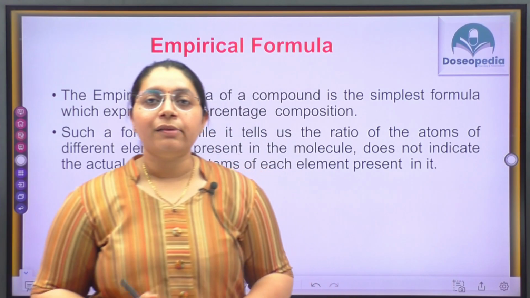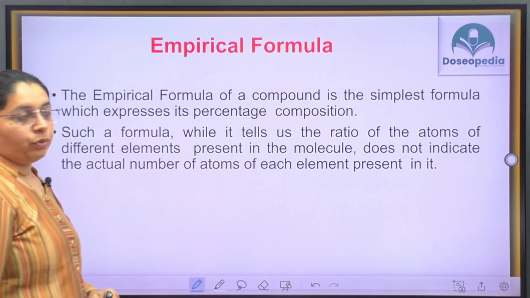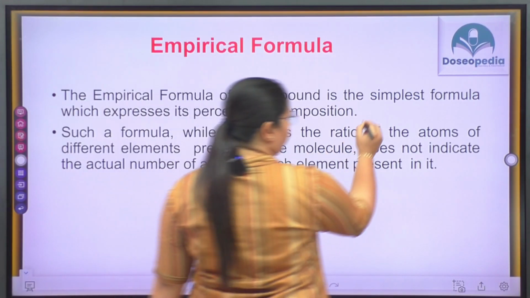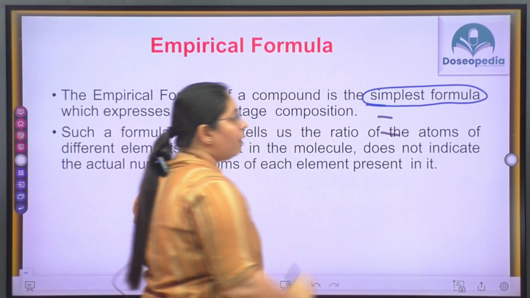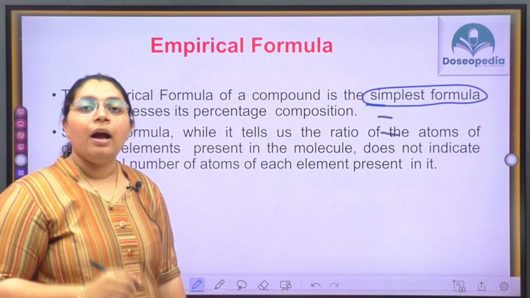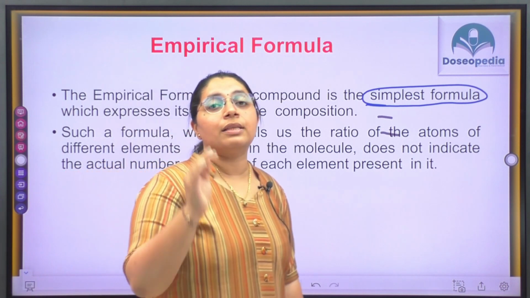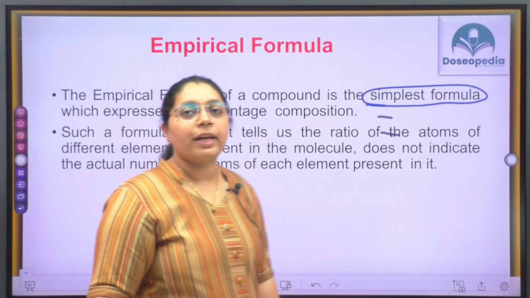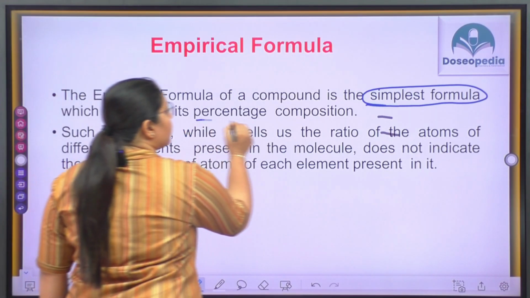So what is the empirical formula, students? The empirical formula of a compound is the simplest formula out of all these formulas, molecular formula and structural formula. It is the simplest formula of an organic compound, which expresses the percentage composition.